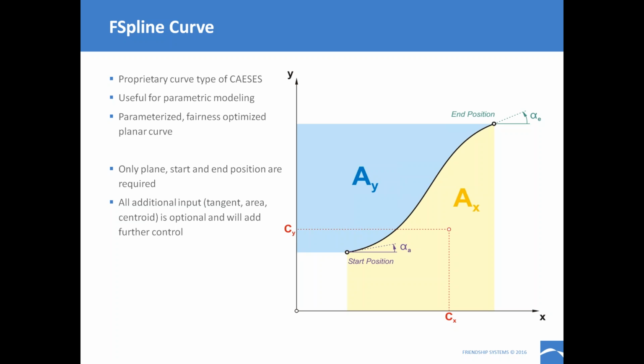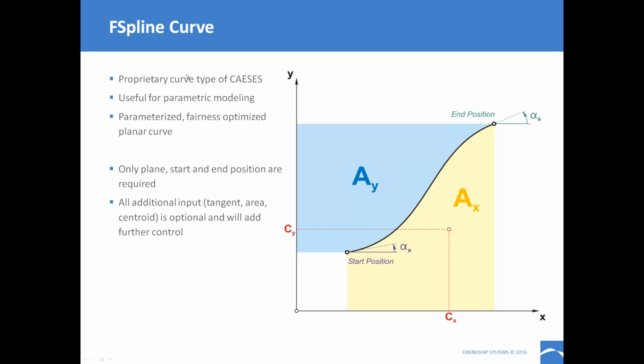So it has an internal fairness optimization to make sure that it has a very smooth and fair shape. And this is usually or often something we are interested in when we're dealing with flow-related geometry, that we would like to have a smooth geometry.